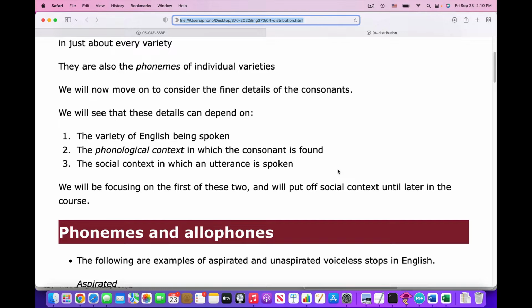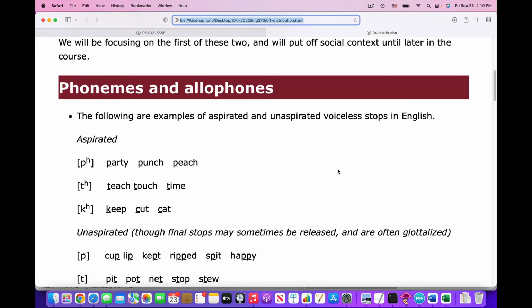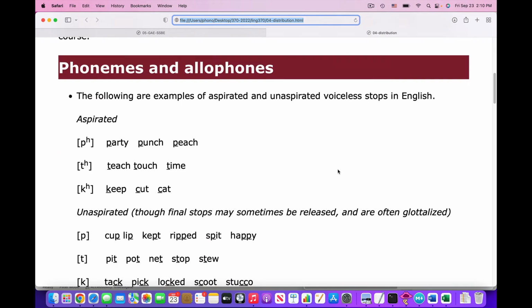So we're going to start with number 2, phonological context, and define what we mean by phonemes and allophones with a case that's probably familiar to you from 201 or any other exposure to the notion of phonemes. So we have both aspirated and unaspirated voiceless stops in English.